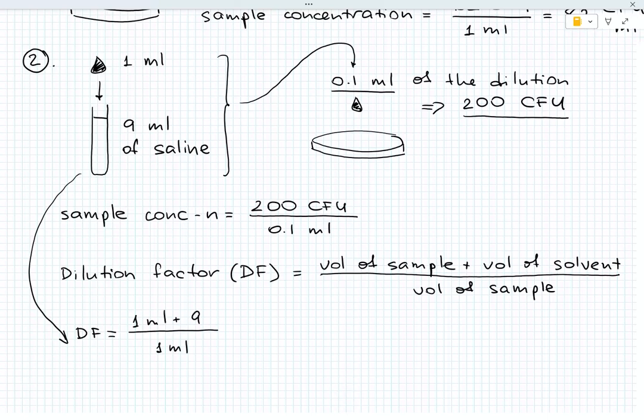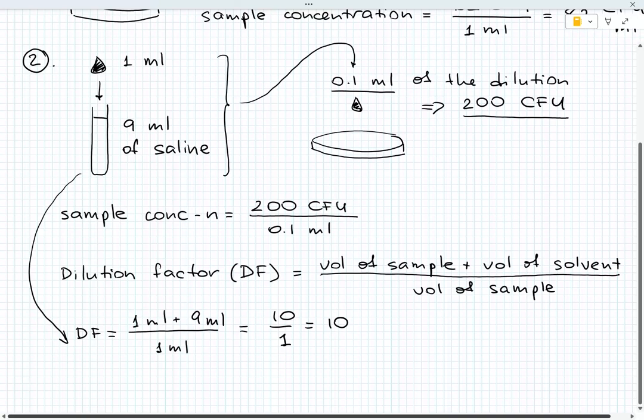That's how much saline we used. Okay, clear? Good? All right. So 10 over 1 gives you 10. Well, this is 9 ml. This was given to us in the problem because this is the volume of the solvent. Okay?